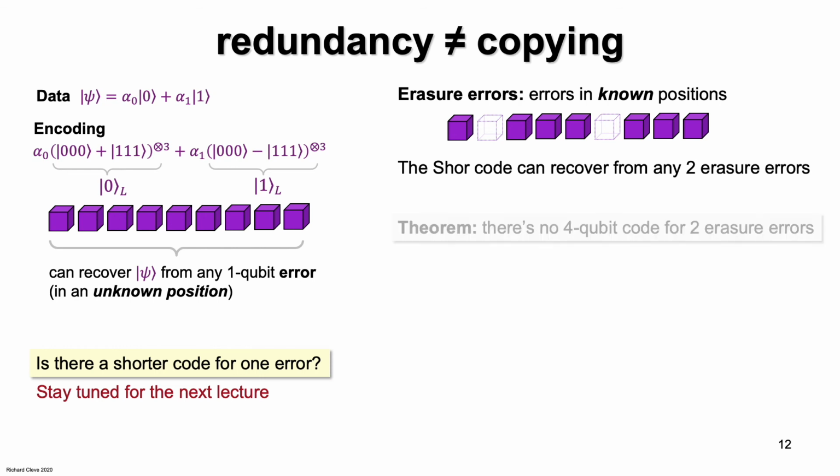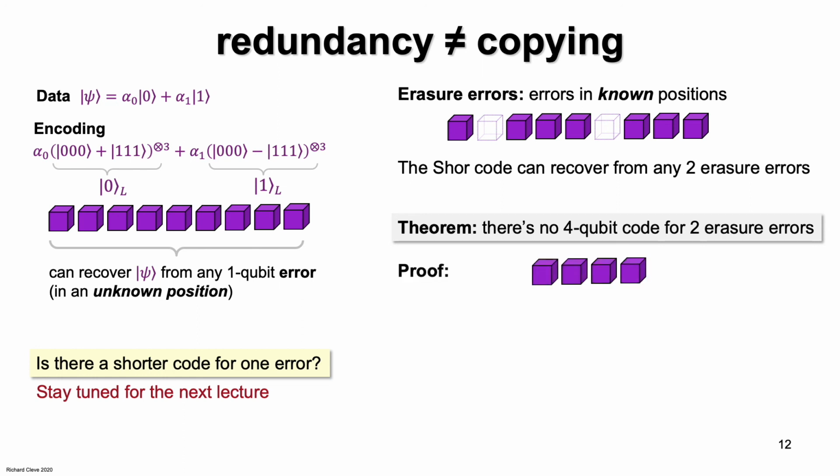Finally, here's a theorem that's easy to prove, but it helps clarify the distinction between redundancy and copying. There cannot exist a 4-qubit code that corrects against 2 erasure errors. Why not? Suppose that we had such a code.